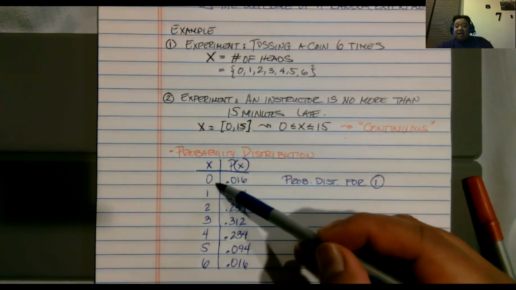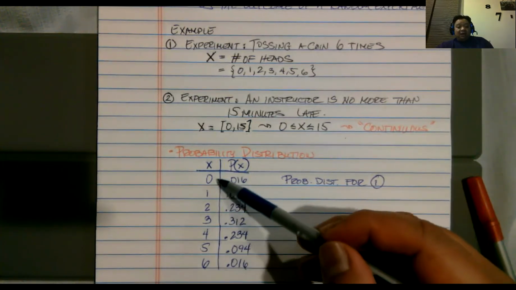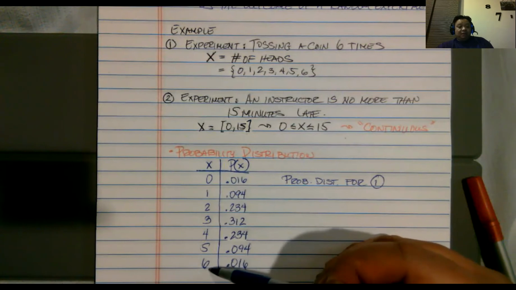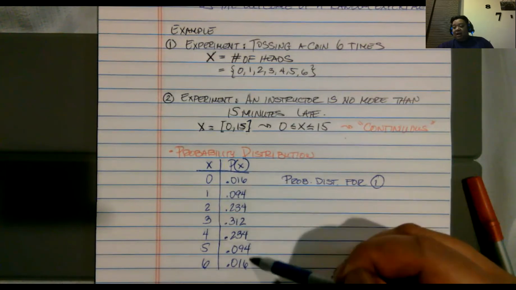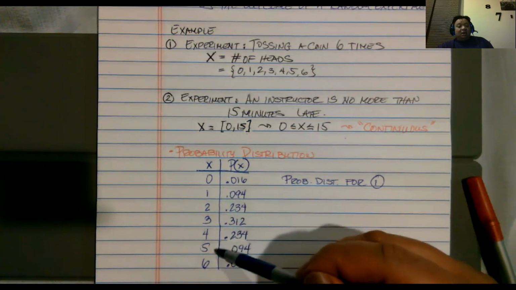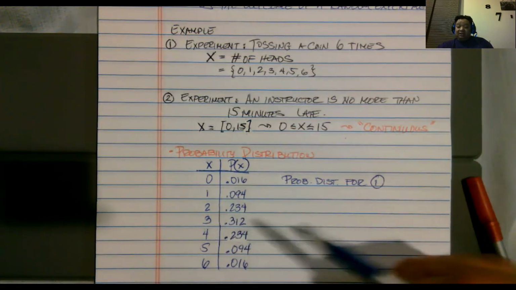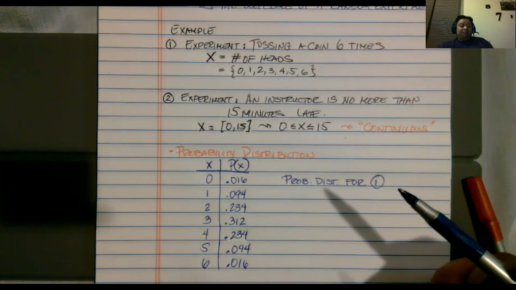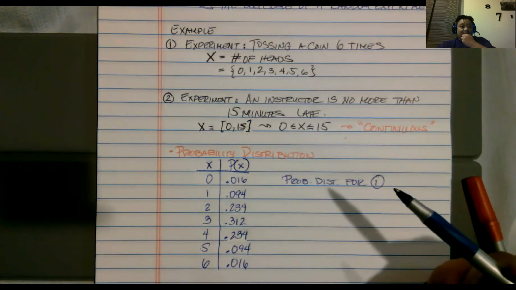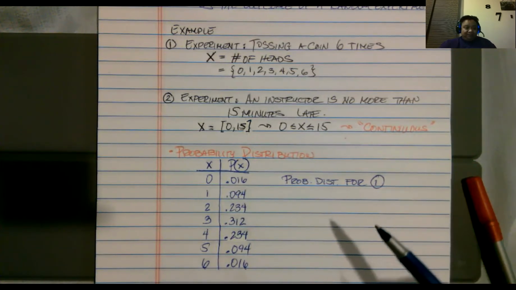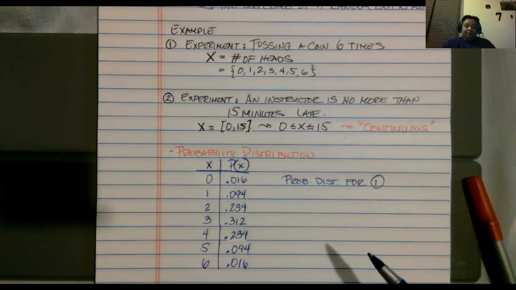I list down all the possible outcomes, and then you have the corresponding probability for each of those outcomes. Okay. Questions? Any questions on it?